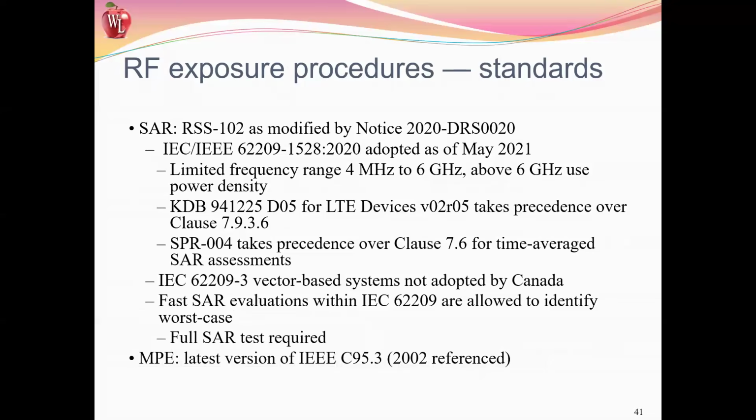RSS-102 was modified, and they've used 62209 since May, and limited the frequency range to 4 megahertz to 6 gigahertz. Above 6 gigahertz, you use the power density, same as the US. They do use some of the United States KDBs, for example KDB 941225 for LTE devices. They're also saying SPR-004 takes precedence for time averaging SAR assessments, because 004 is a time averaging device.